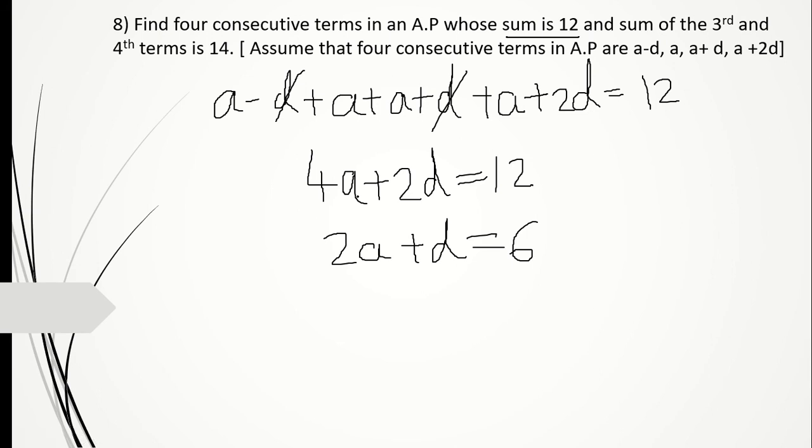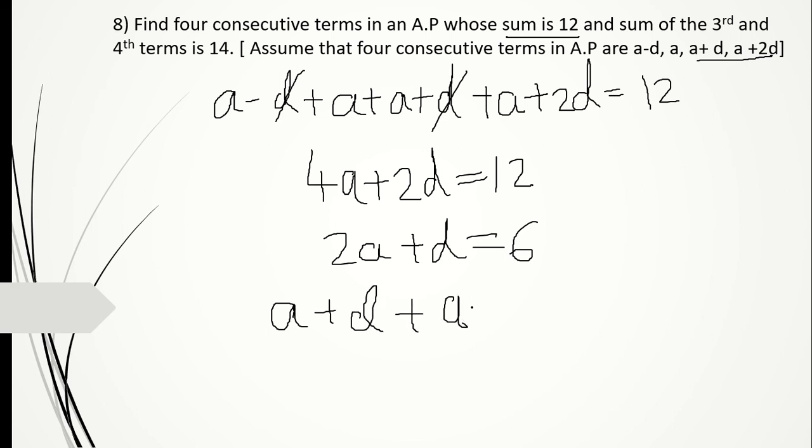Now what is the next condition given? The sum of the third and fourth term is 14. See, this is the third term, this is the fourth term. This is first, second, and these two are the third and fourth term. So the sum of the third and fourth term is going to be a plus d plus a plus 2d.